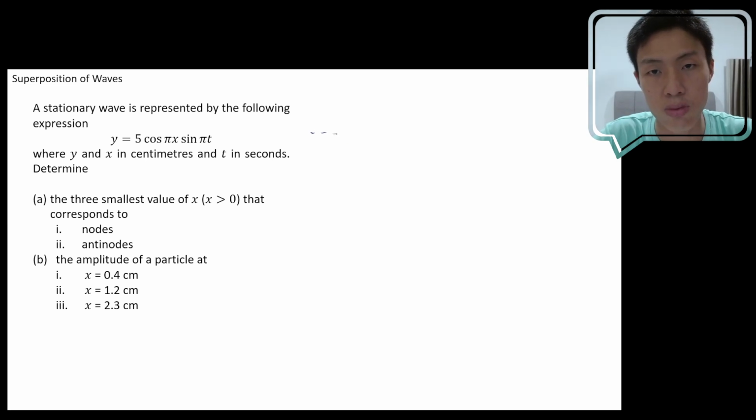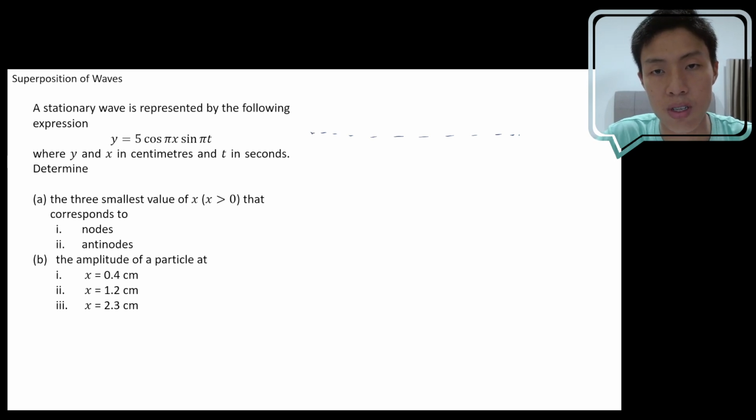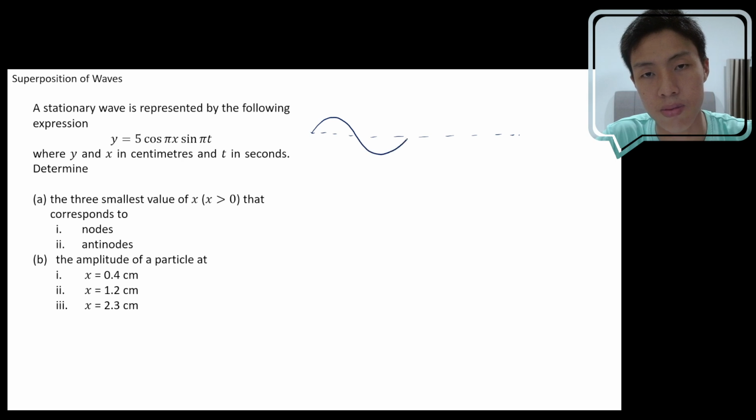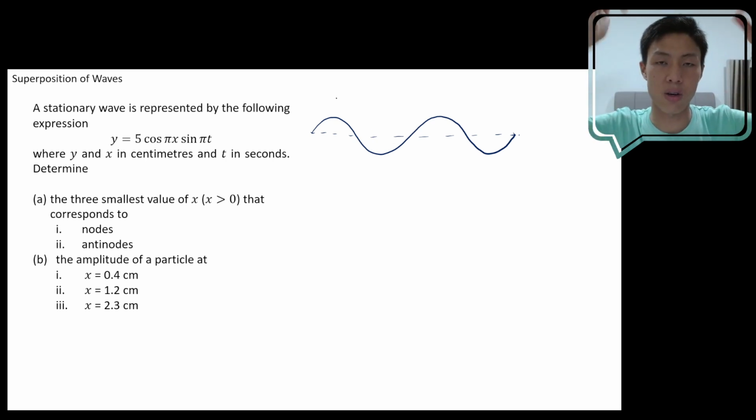So let's assume this is the equilibrium position. A simple standing wave would look something like this. A standing wave will not travel through space. It will just oscillate in its own place.